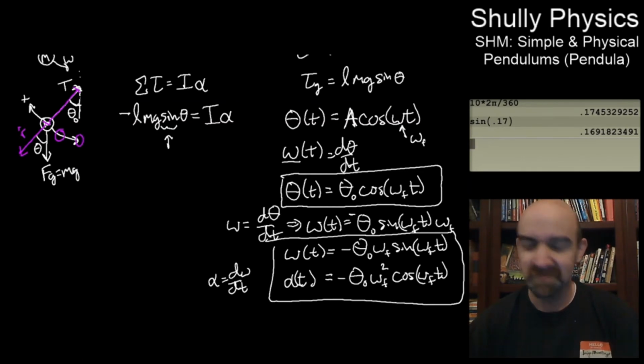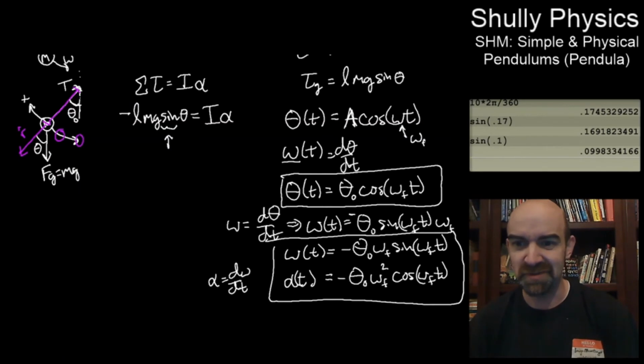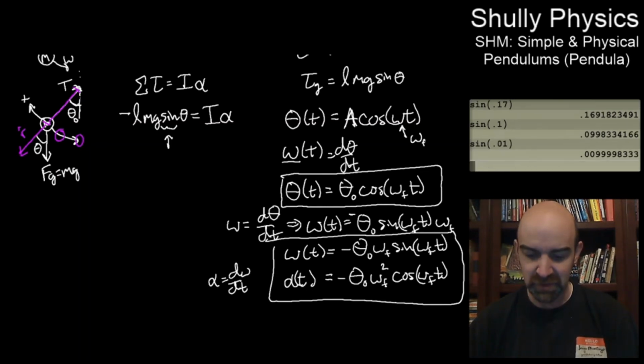And if we go even smaller, let's say sine of 0.1, sine of 0.1 is 0.09983. That rounds to 0.1. A lot better than 0.169 rounded to 0.17. All right, if we go even smaller, sine of 0.01, even smaller angle. Do you see how you're getting closer and closer to the actual number?